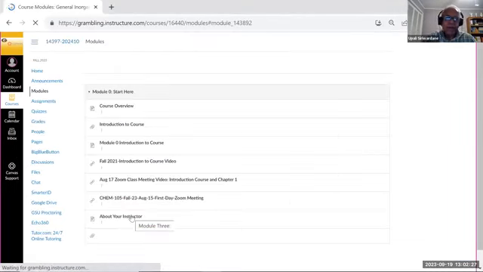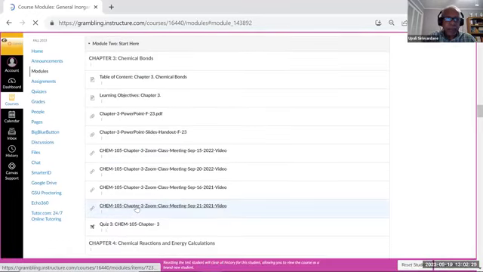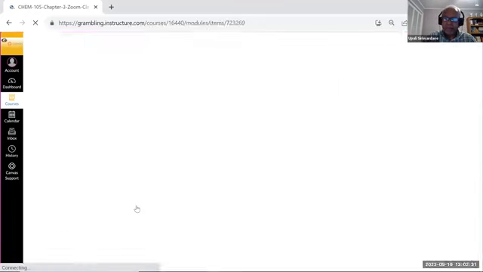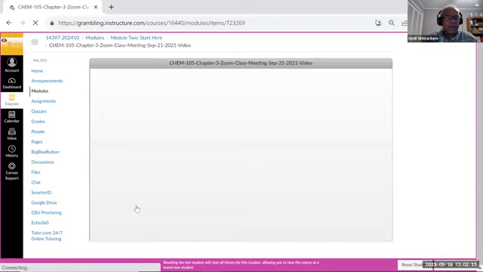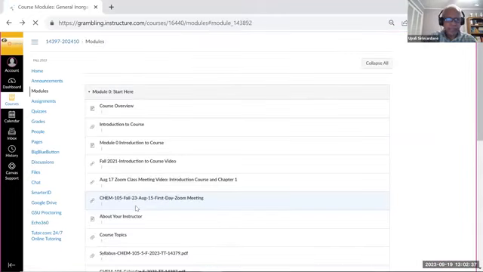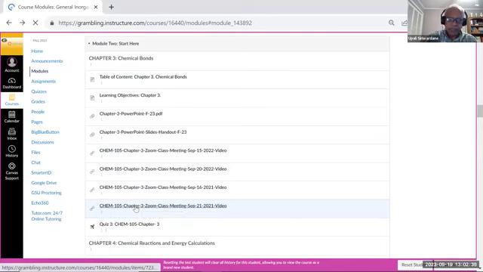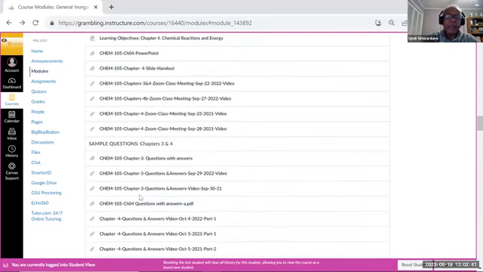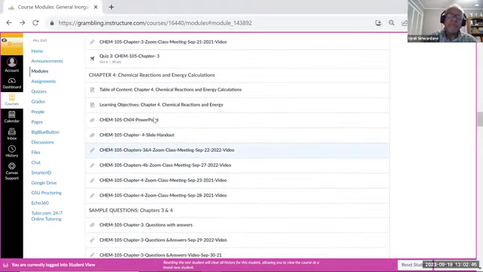When you click on chapter 3 and 4, chapter 3 is on chemical bonds. You can see it here. Chapter 3 is on chemical bonds. Chapter 4 is on chemical reaction and energy.